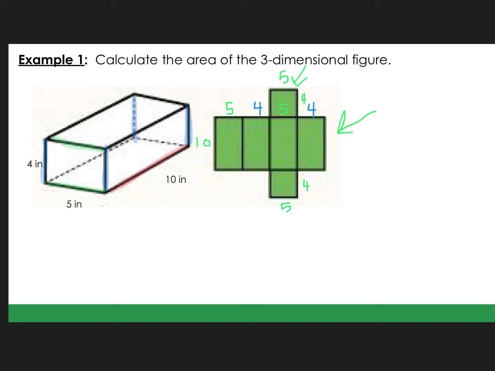So we have to find the area of each one of these pieces. And we can do that by area equals base times height. So let's start with the 10 by 5. So area equals 10 times 5. So the area for that piece equals 50. So let's just write them in where they go.